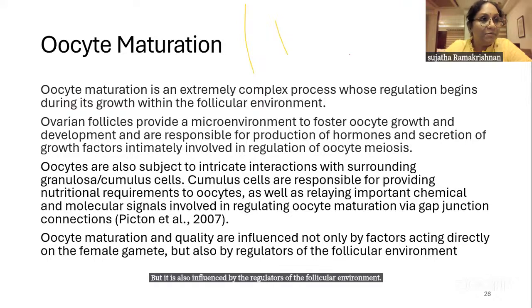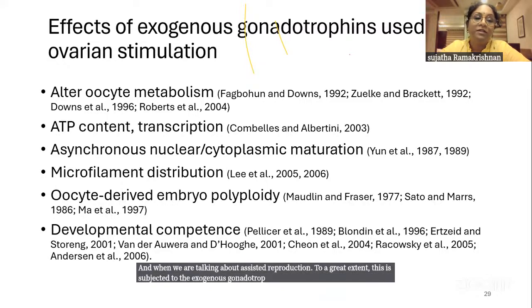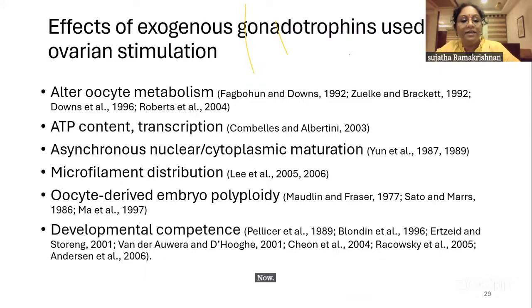And when we are talking about assisted reproduction, to a great extent this is subjected to the exogenous gonadotropins used in ovarian stimulation. All these studies tell us what influence exogenous stimulation has on the ovary.